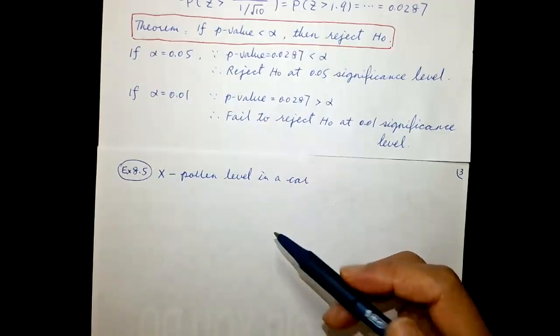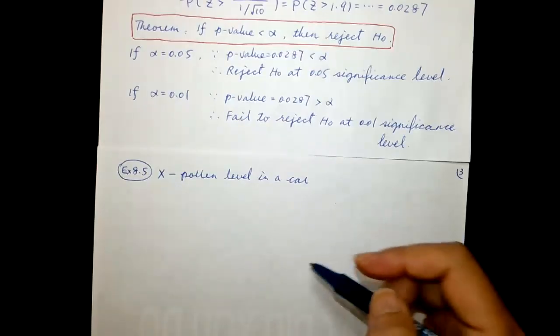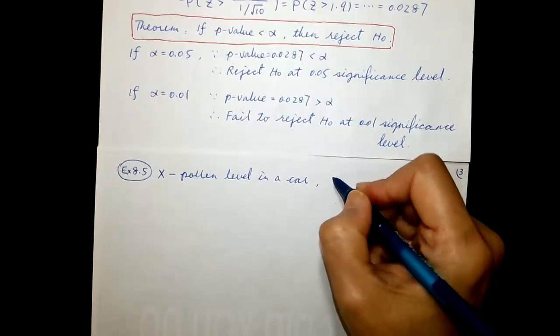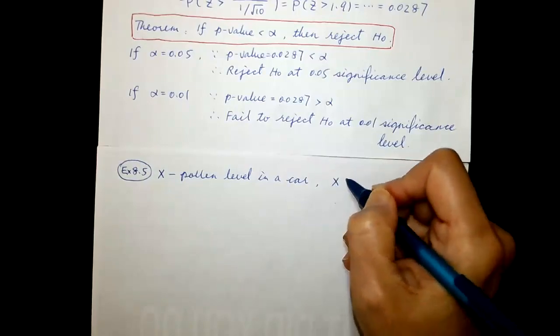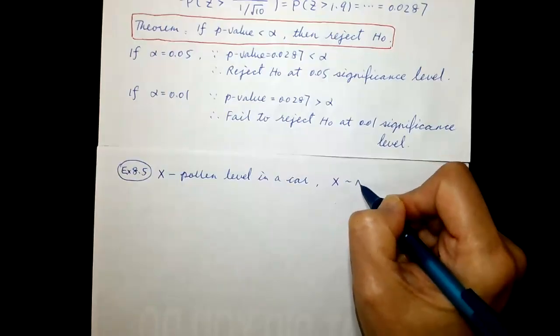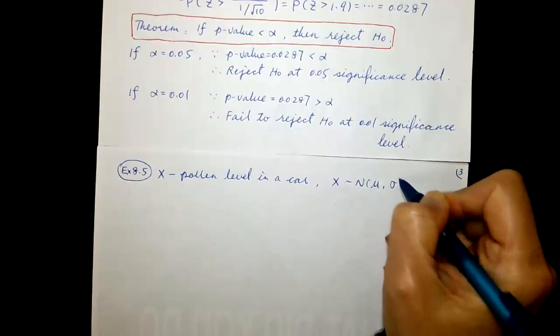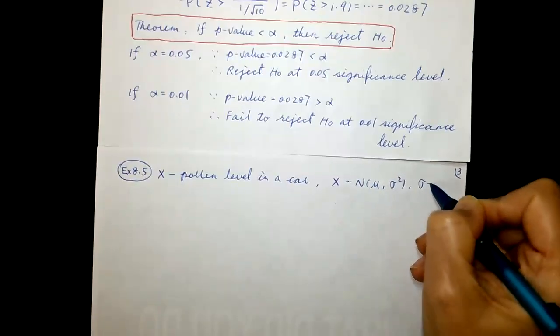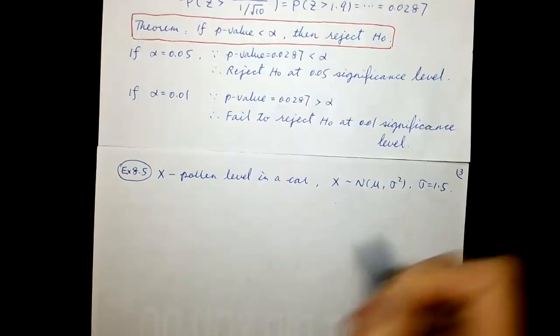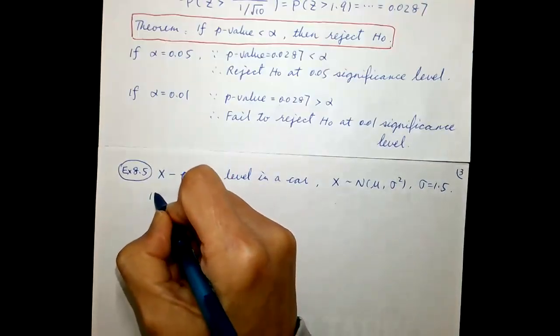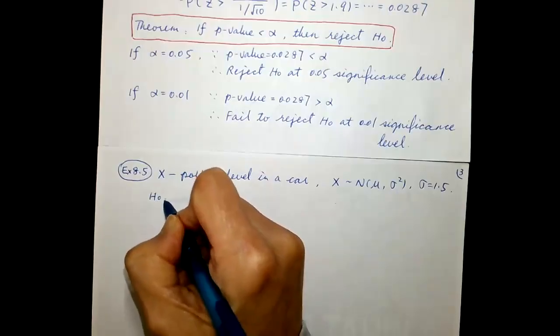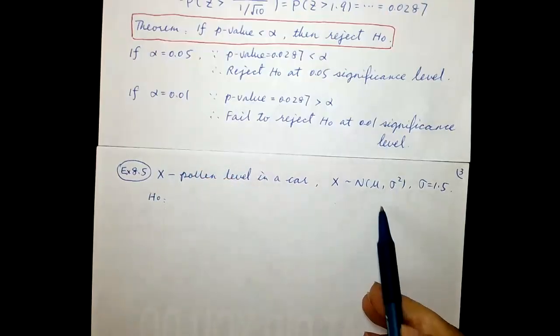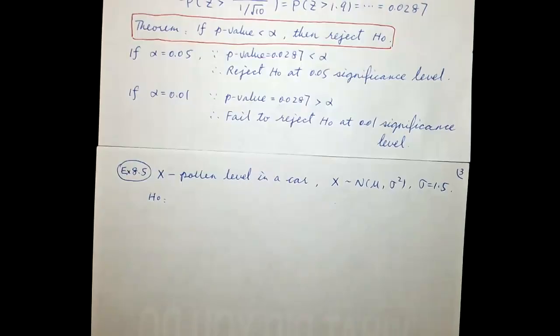That's why I introduced X as the pollen level measured in the car, of course, fitted with that filter. The question tells you that the X variable is normal. Sigma is also given. According to the manufacturer's claim, we are doing mu.